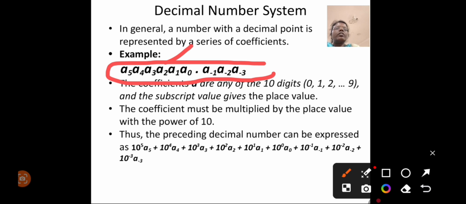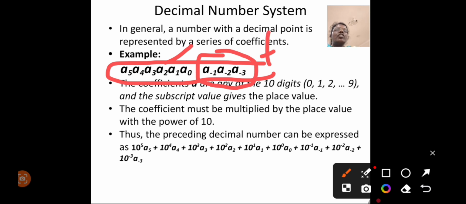So what is this suffix number? A suffix 0, a suffix 1, a suffix 2, a suffix 3, a suffix 4, a suffix 5. What do these represent? The suffix value represents the place value of that particular digit, right? Now if you consider the fractional part, these 3 coefficients are the fractional part.